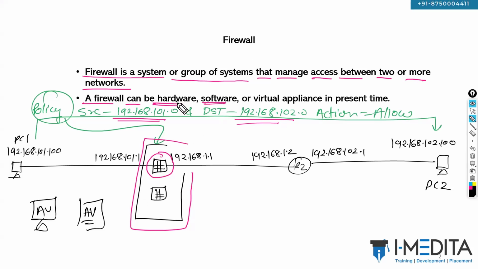So a firewall can be hardware, a firewall can be software, but in present time a firewall can be a virtual appliance. The question is when the firewall will be a virtual appliance. Before going through the virtual format, this should be clear: a firewall will be a single system or a group of systems that manage access between two or more networks. It can be hardware, software or a virtual appliance.